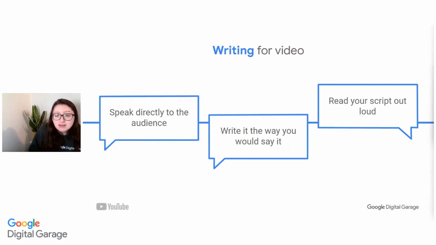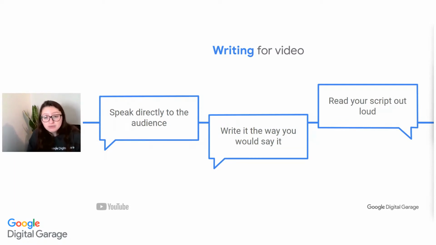When you're writing either full scripts or bullet points that can be referred to for your videos, think about speaking directly to your audience, kind of like what I'm doing today with you here. I'm speaking directly to you. I'm not speaking to someone else over there, or I'm not speaking in third person.